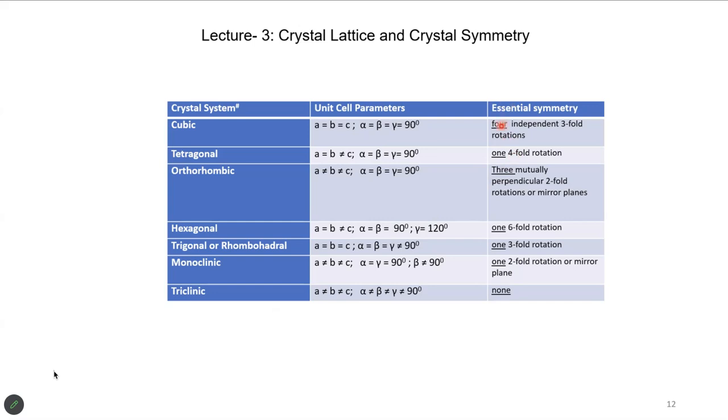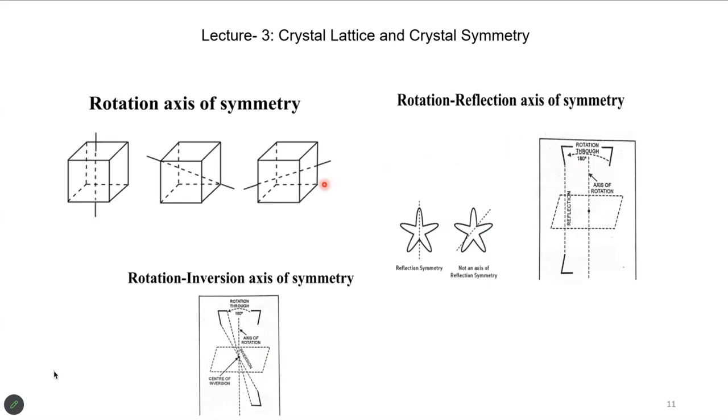In this slide, we talked about essential symmetry, and in cubic, we said 4 independent 3-fold rotations. If we go to a previous slide, we'll see that this is a cube. We can have a symmetry operation, a 3-fold rotation through this axis, a 3-fold rotation through this axis, and a 3-fold rotation through this axis.